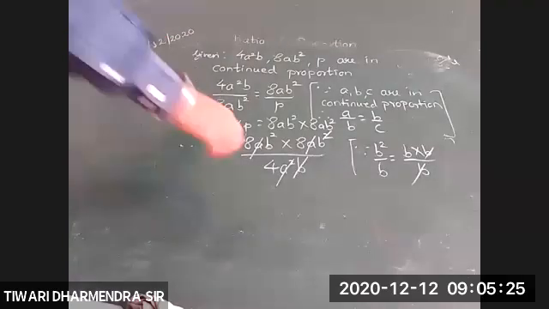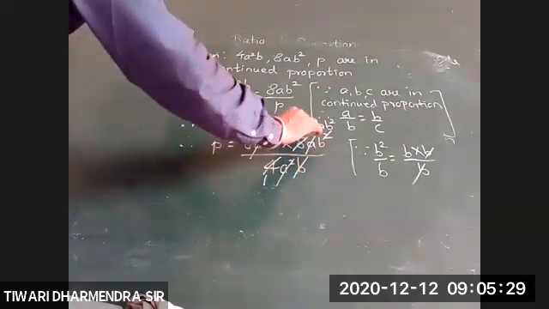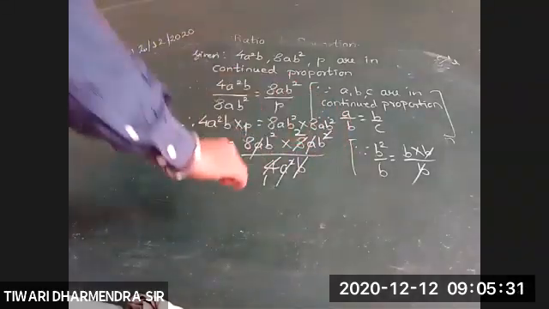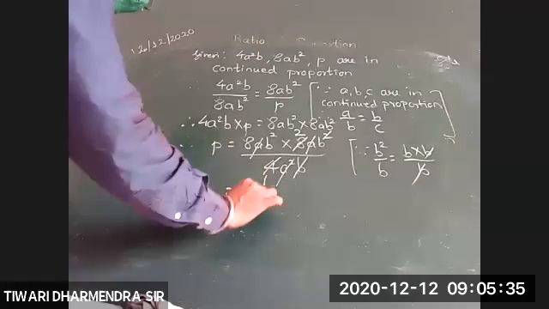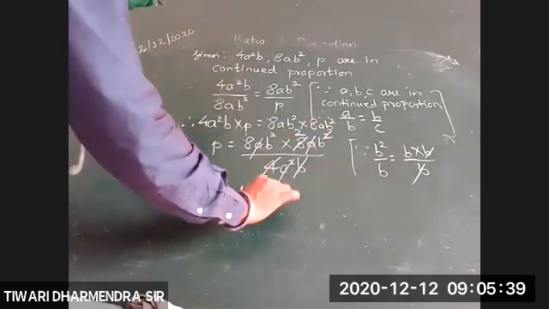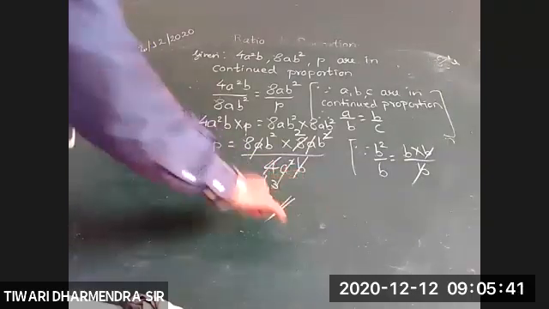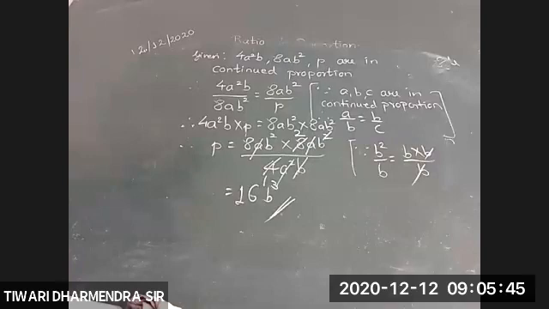What else remains? 4 ones are 4, 4 twos are 8, 8 twos are 16. b square into b gives b cube, and all other terms get cancelled.